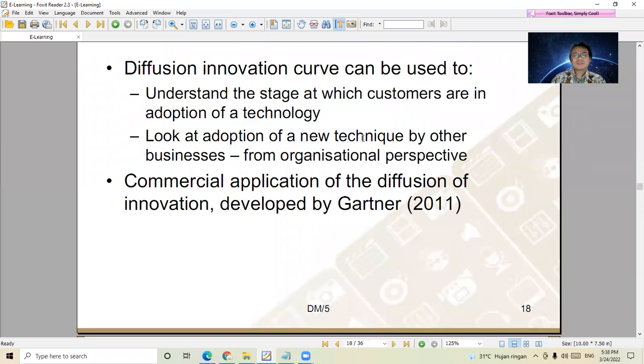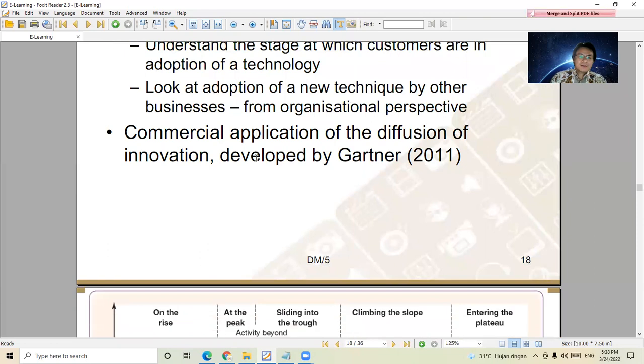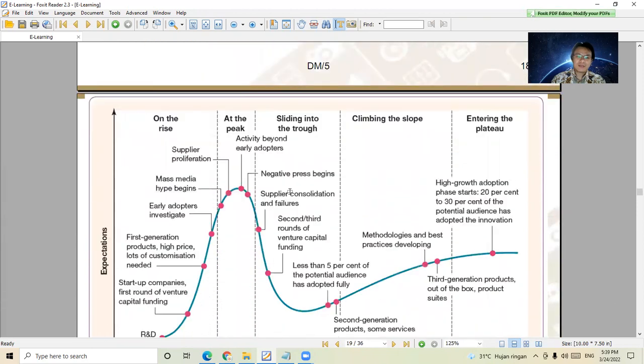And the second one is that we know at which stage our competitors are in. The commercial application of diffusion of innovation was first developed by Gartner in 2011.